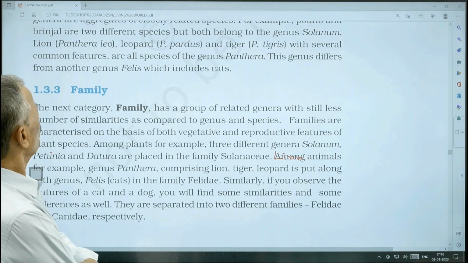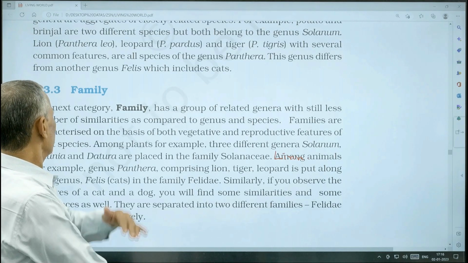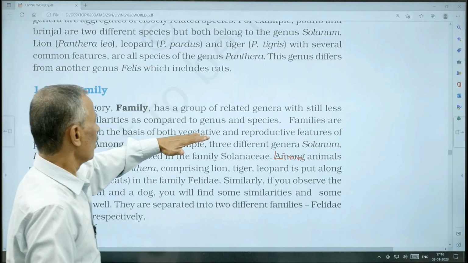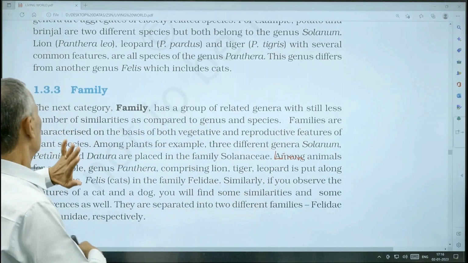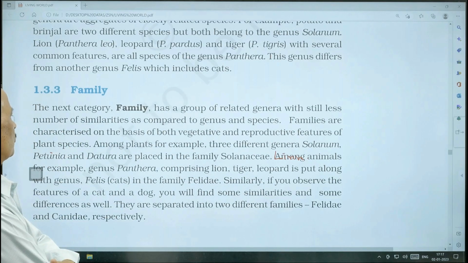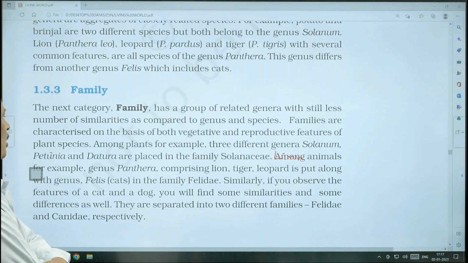Families are characterized on the basis of both vegetative and reproductive features among plant species. Among animals, we have species which show similarities in their features. Such similarities are taken into consideration for putting them under the same family.